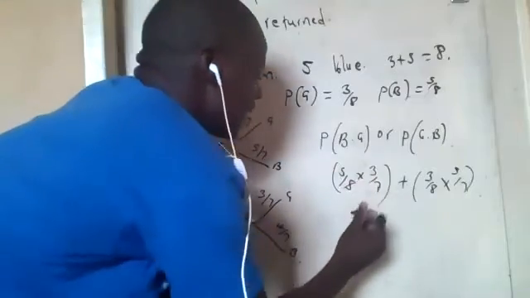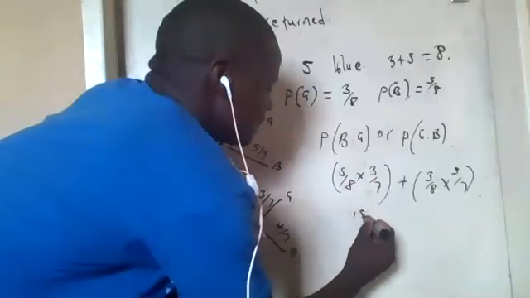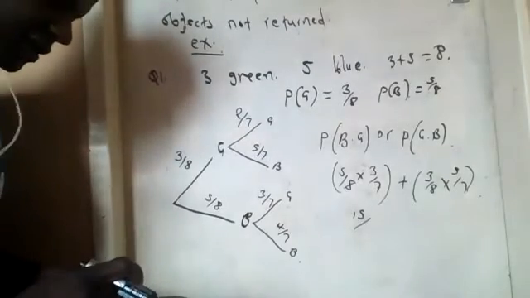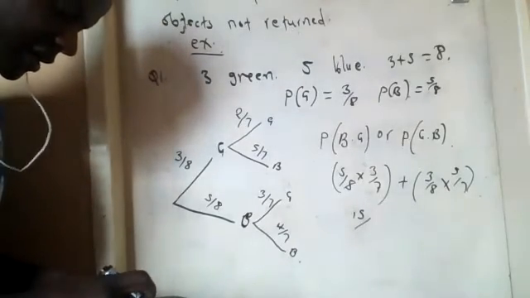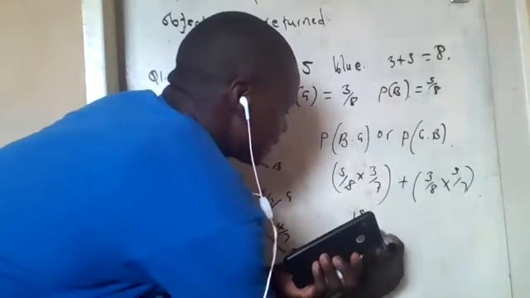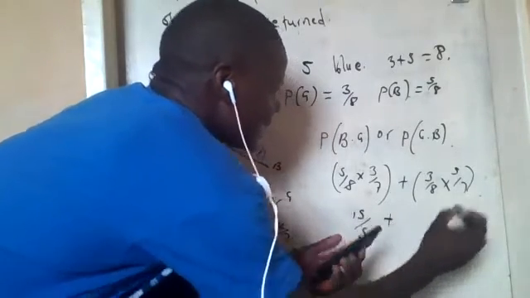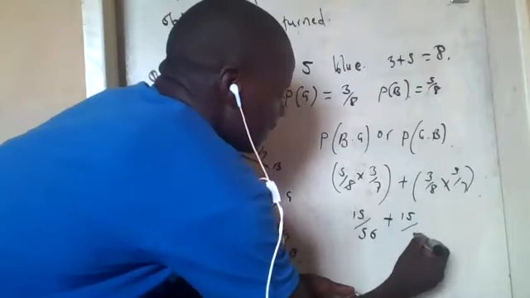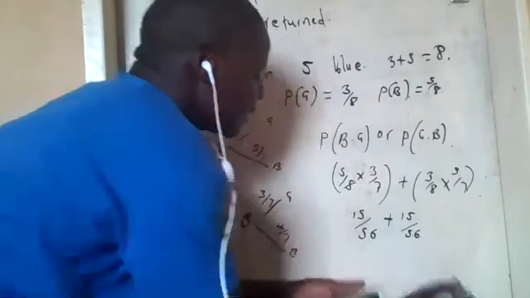So 3 by 5, that is 15, and 7 by 8, that's 56, plus 3 by 5, that's 15, 7 by 8, that is 56.